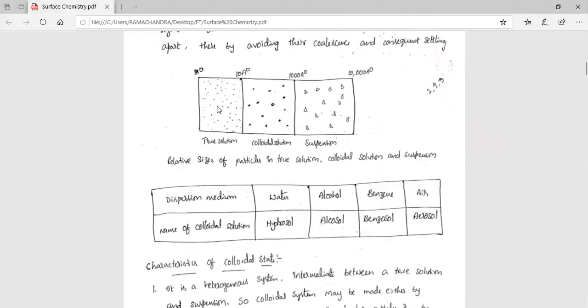Here we see the diameters of the particles in the solutions. True solutions have a particle size of 10 angstroms. In suspension solution, the dispersed particles are 1000 angstroms. In colloidal solution, the particles are 10,000 angstroms.